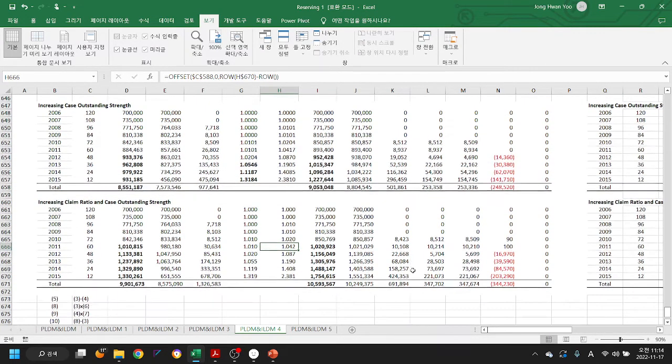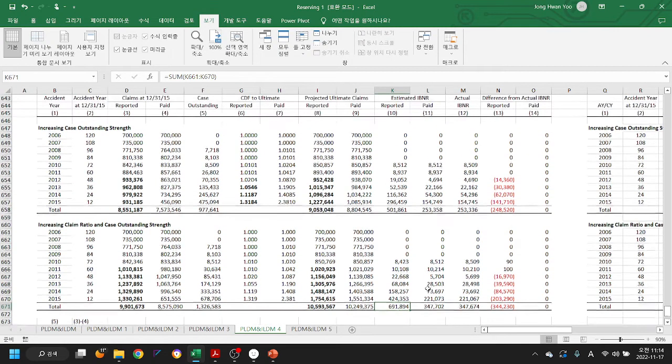Here, I'm just trying to show you the results. And it also increases the IBNR estimated amount for ILDM, right? This one. So right now, the discrepancy is a lot bigger.